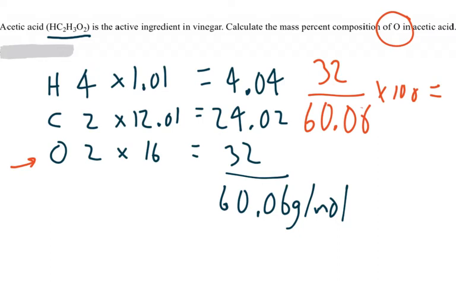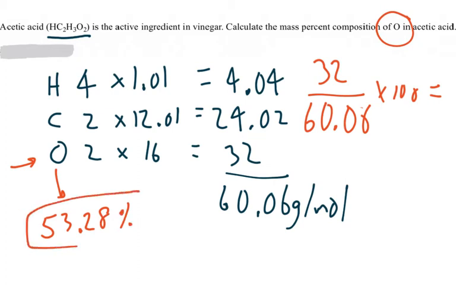And we're going to go ahead and we're going to get a percentage of oxygen equal to 53.28%. That's going to be our percentage of oxygen. Okay, and that's what the question was asking. If you look over here we can check our answer. They got 53.28%, just like we did.